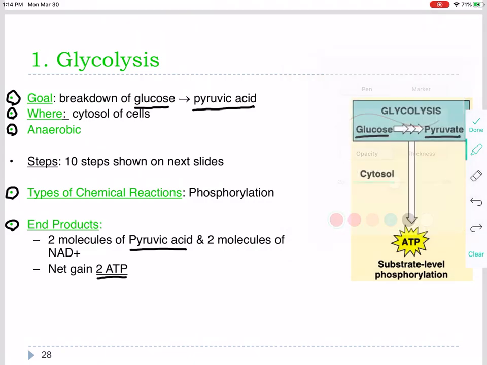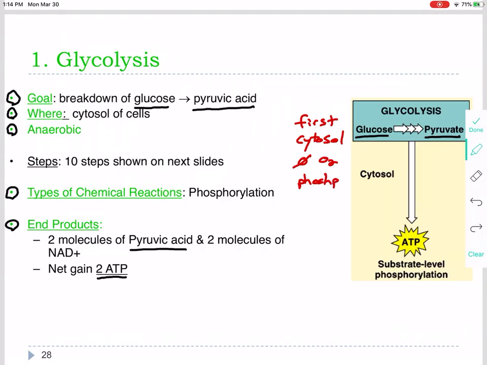So maybe if I was studying for this myself and I wanted to first memorize the most important parts, I might say, okay, glycolysis happens first. I might memorize that glycolysis happens in the cytosol, and it does not require oxygen.